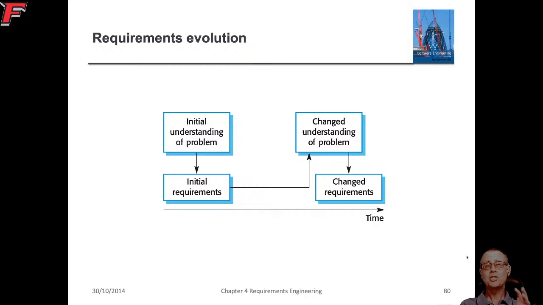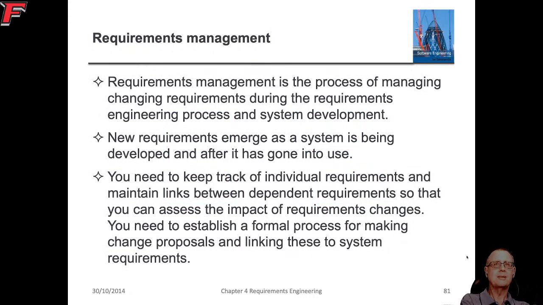But it also changes, your understanding changes as you start writing the code. So it is an evolutionary process. However, you can't just change things willy-nilly, right? You need to keep track of the requirements and how they change, and you should establish a formal process for changing those things or approving those changes.